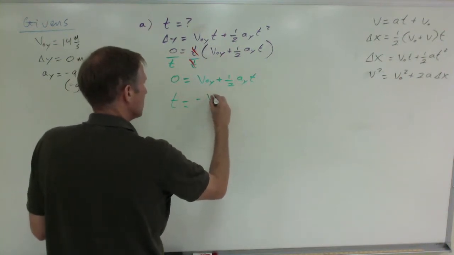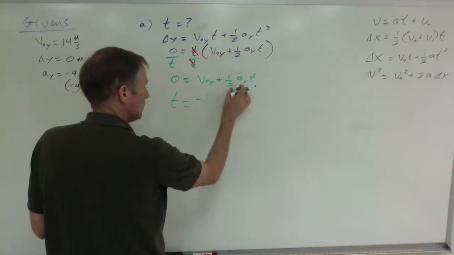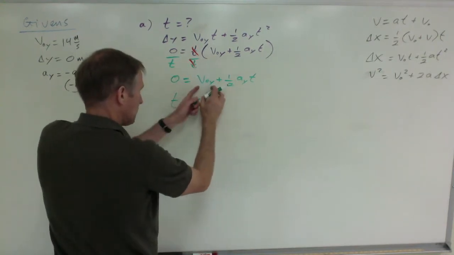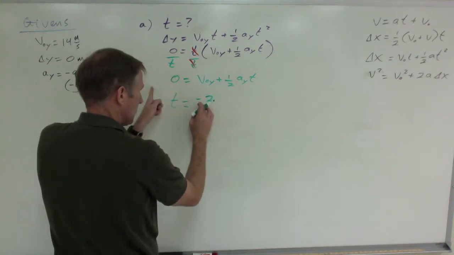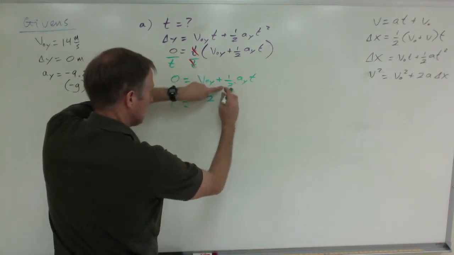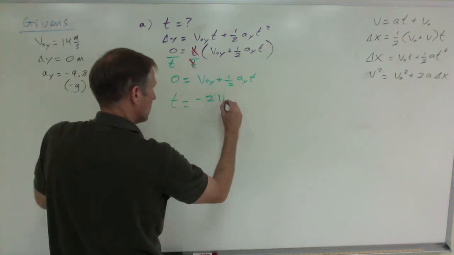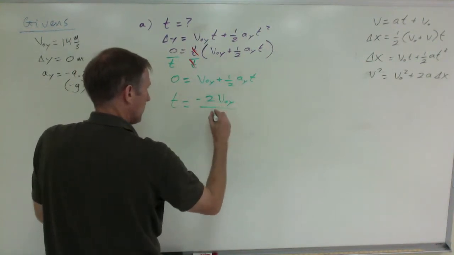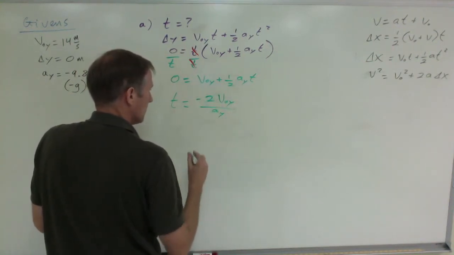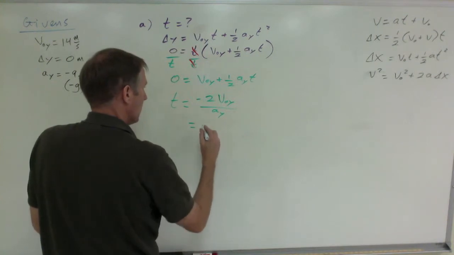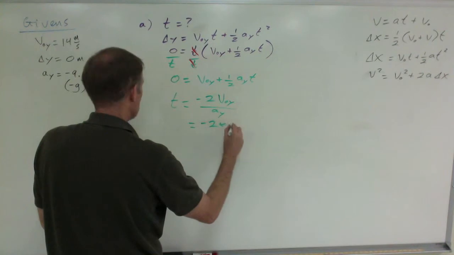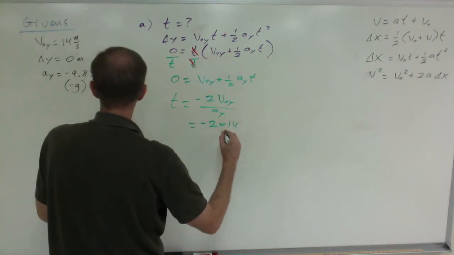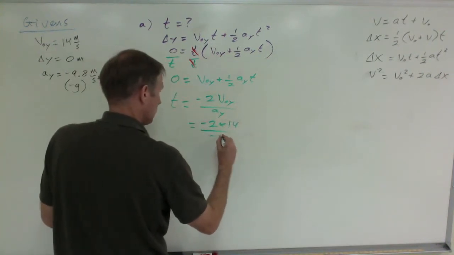You solve for t, and it equals negative. And here's this 2 right here, negative. So subtract that to the other side. It's the negative sign. Subtract that to the other side. This is this 2. Multiply both sides by 2. And then divide through by that. And that comes out to be negative 2 times 14, all over negative 9.8.